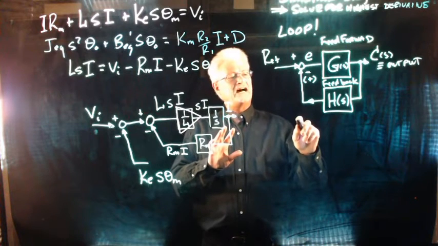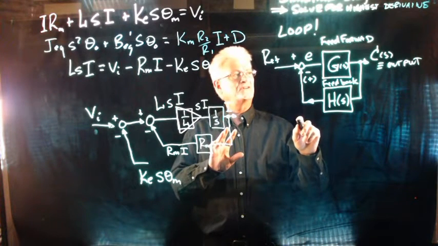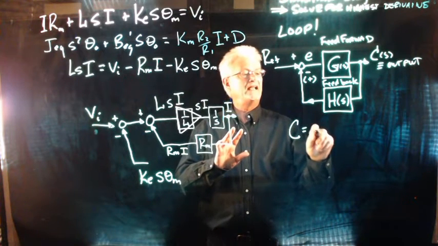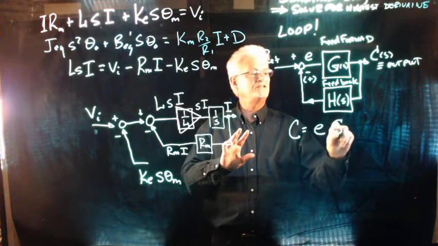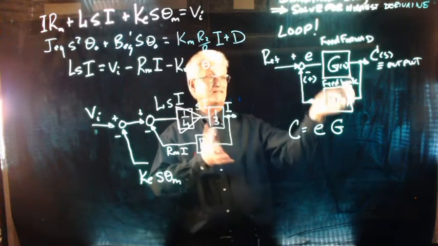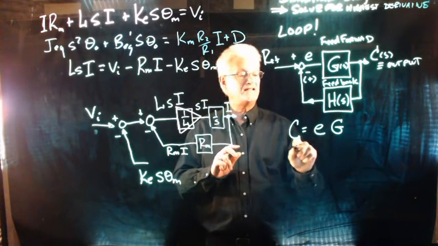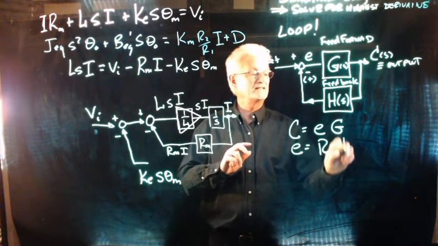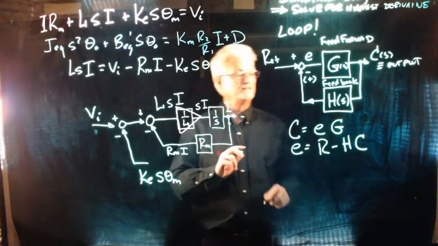So I can tell here that C is equal to E times G. I can also tell you that E is equal to R minus HC.